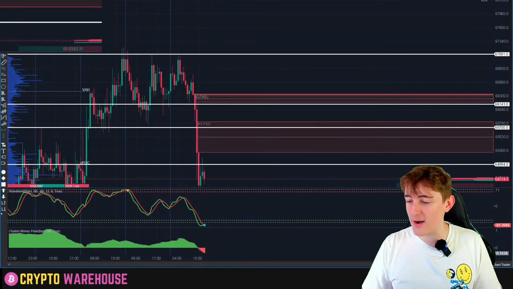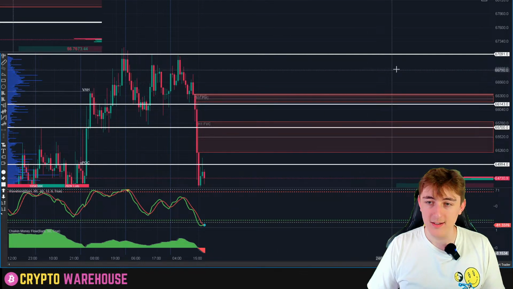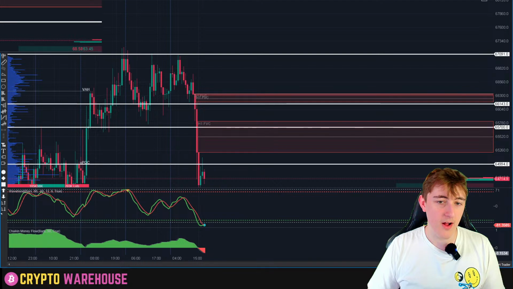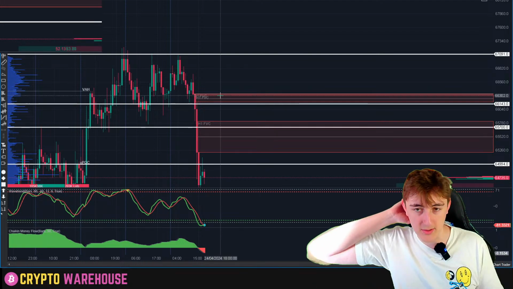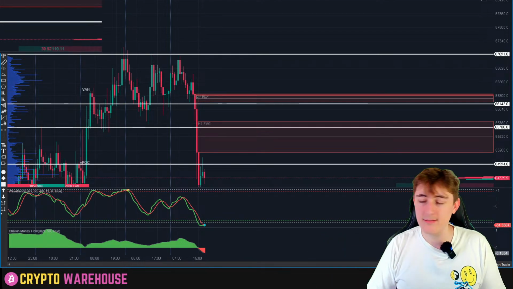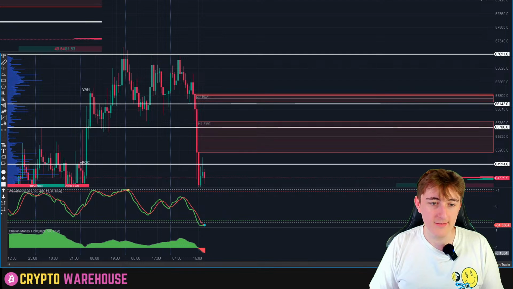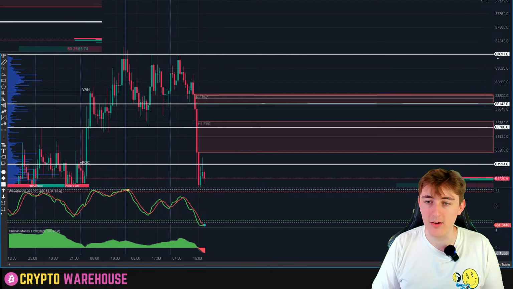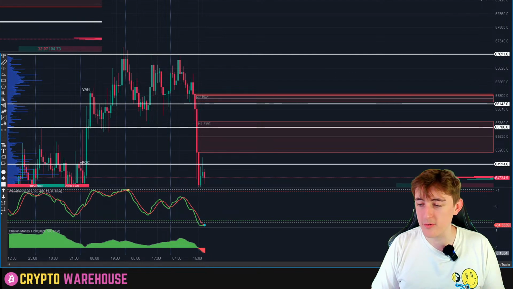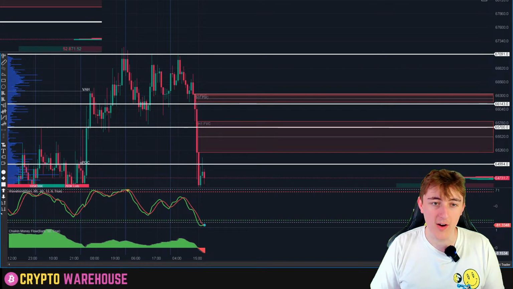I've already got all these lines, and obviously 66,657, 67k kind of area. These are actual data points. So 67,070, 67,091. So basically, some significance already has our backs with these two price points and these heat map areas.